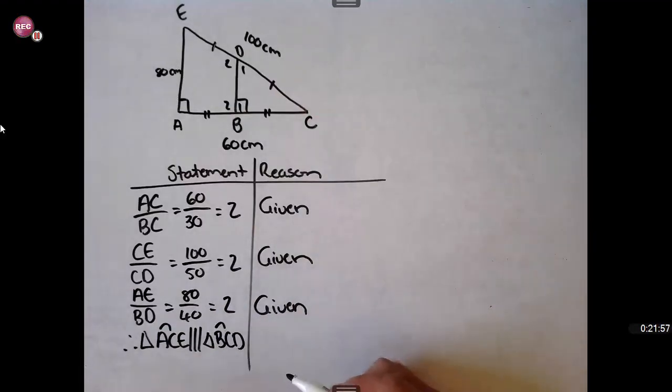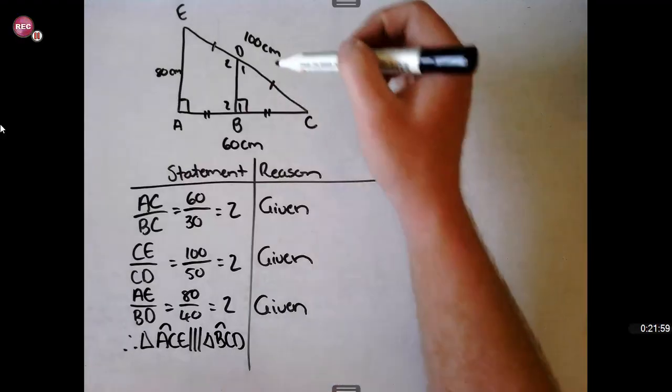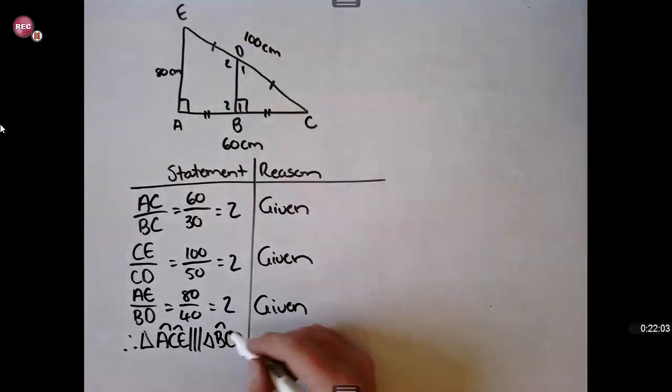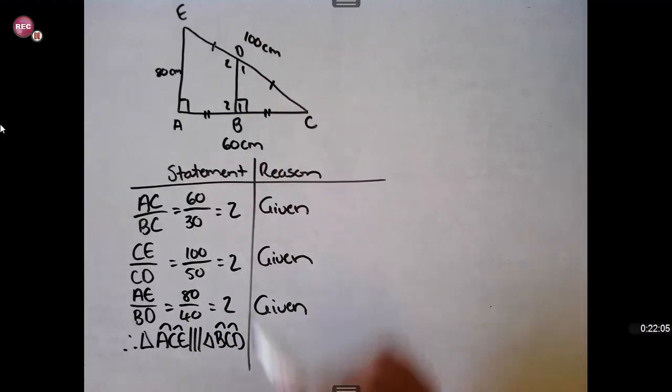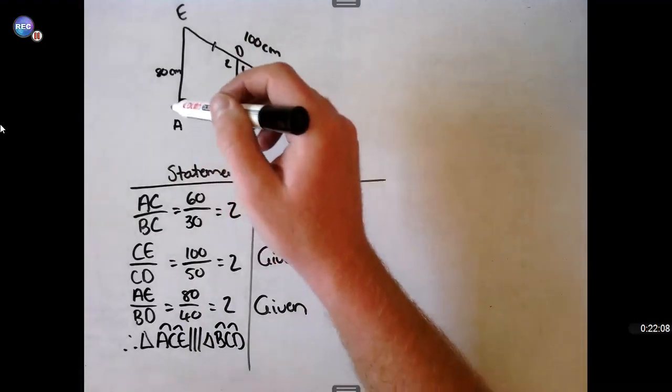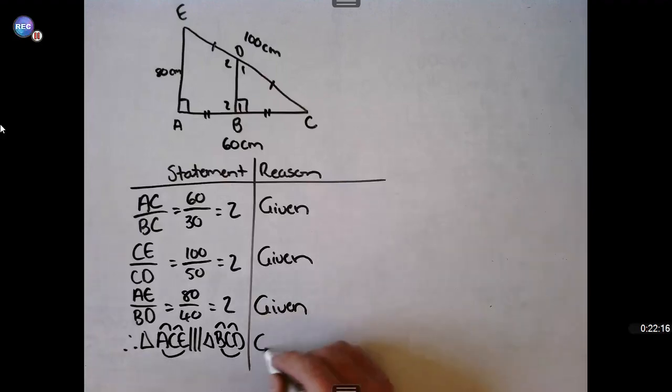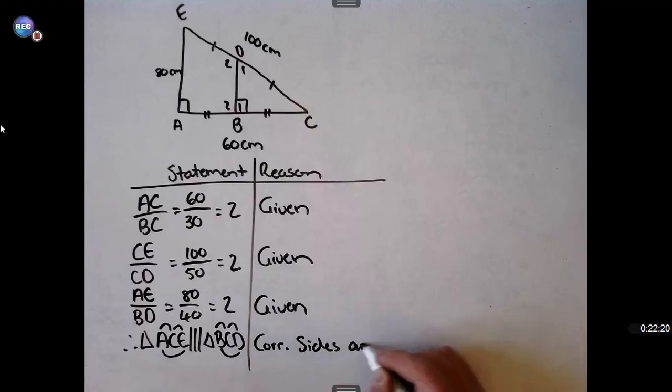Then we went to side CE and side CD, which is there. There we go. Then lastly, side AE, which is at the bottom, and side BD, which is at the bottom. There's your smiley faces. And then lastly, your corresponding sides are in proportion. And there you've solved your similarity.